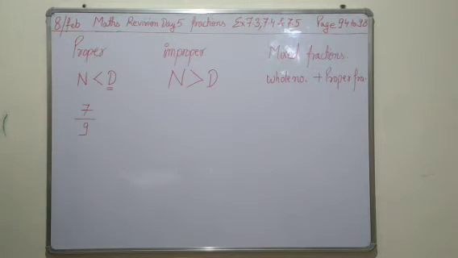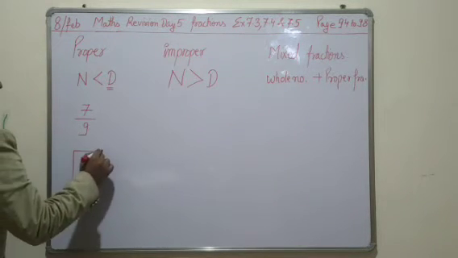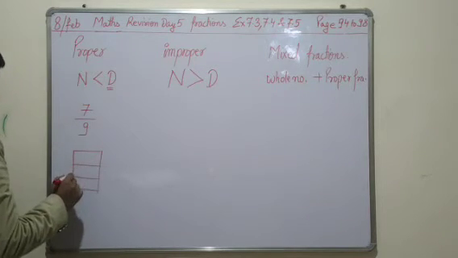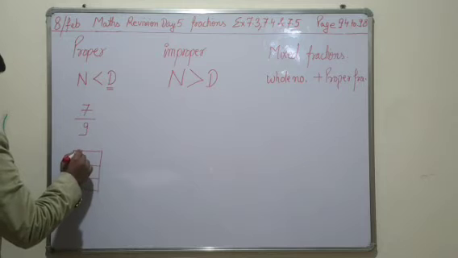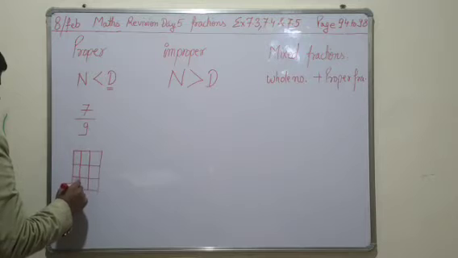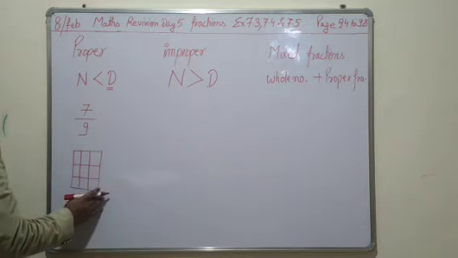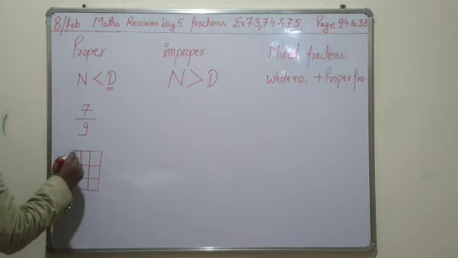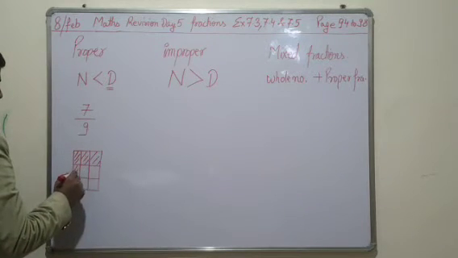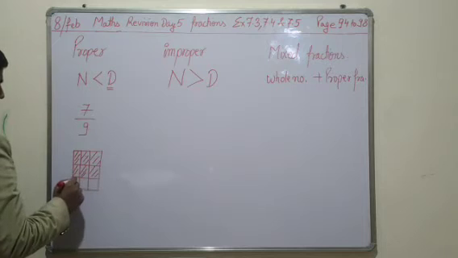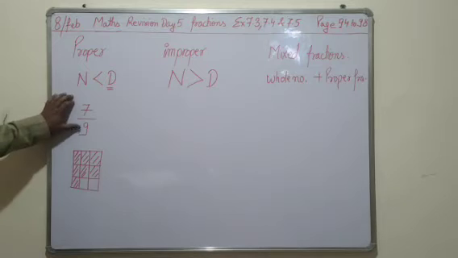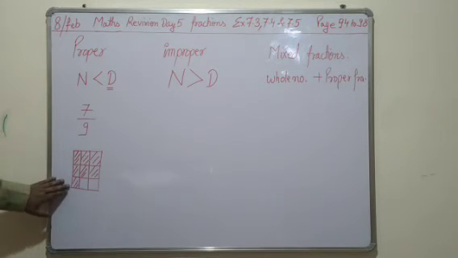Now it means you have taken, there are 9 parts, 1 2 3 4 5 6 7 8 9 parts of the chocolate, and you have taken 7 parts. 1, 2, 3, 4, 5, 6, 7 parts. In this example, 7 parts you have taken out of 9 parts in the chocolate.